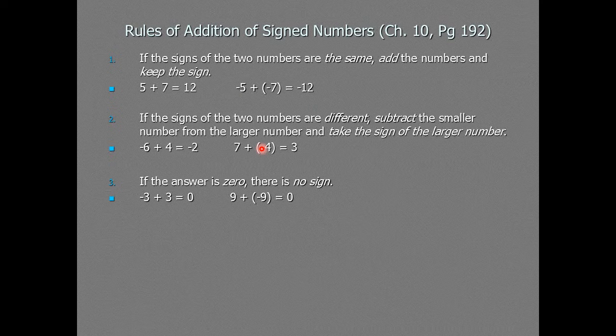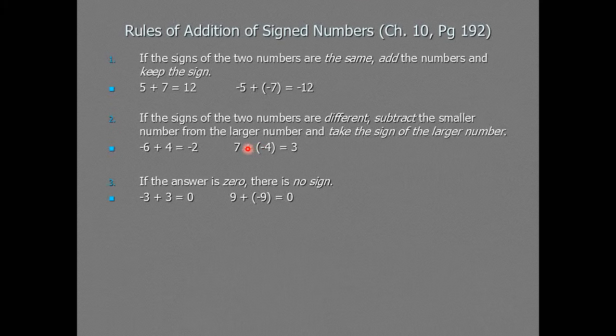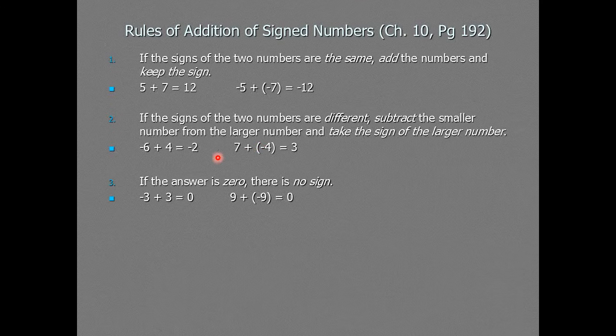But here are the catches. When you add the numbers, it's possible that the two numbers have different signs. If the two numbers have different signs, then we actually subtract the numbers, and in the answer we keep the sign of the largest number in magnitude.